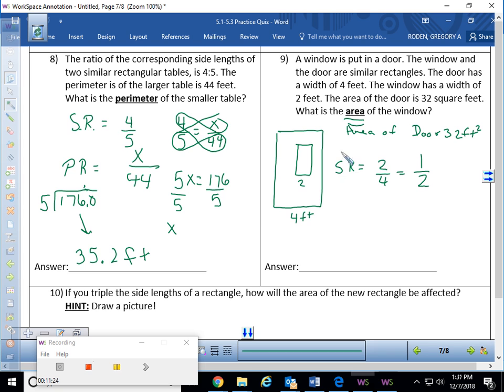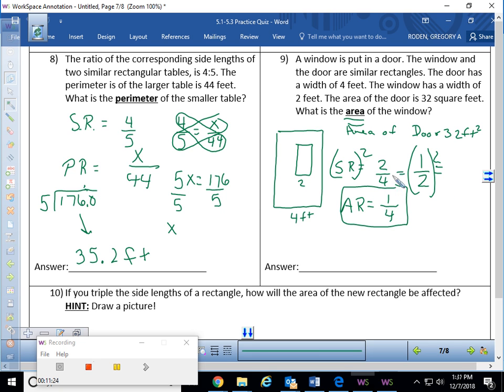So how does AR compare with SR? Well, AR is SR squared. So we need to square this answer to get AR. So what is AR? Well, AR is 1/2 times 1/2. 1 times 1 is 1, and then 2 times 2 is 4. So my area ratio is 1/4.